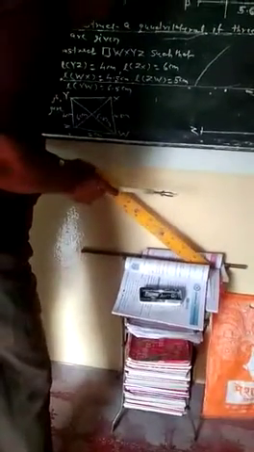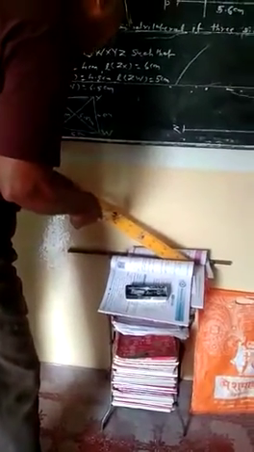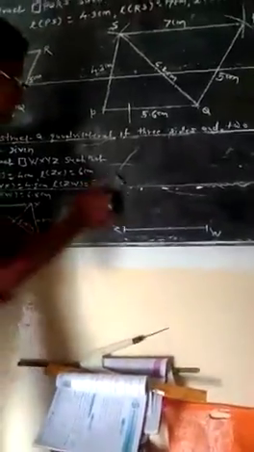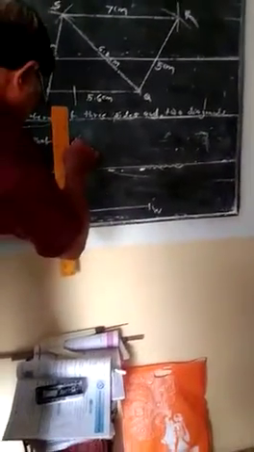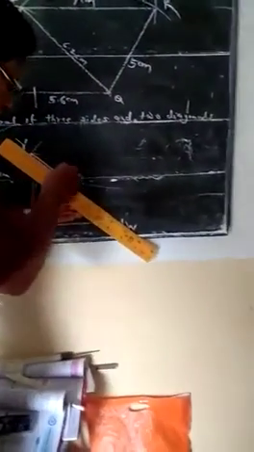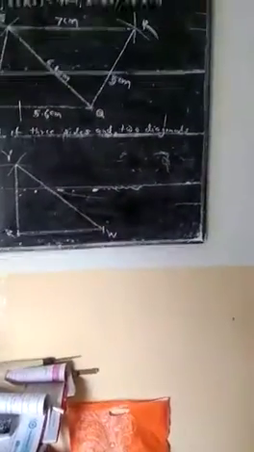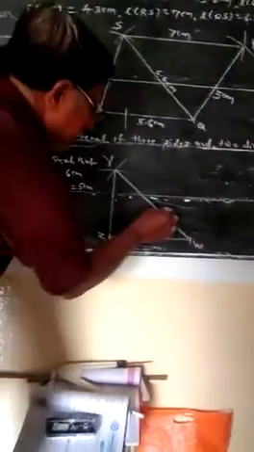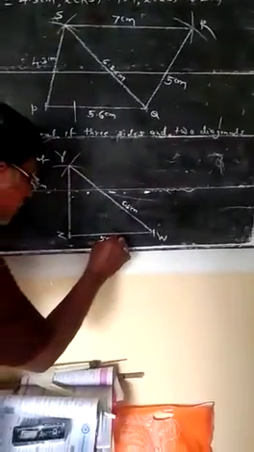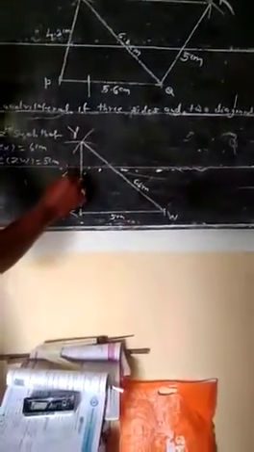Take 4 in the compass, put the point on Z, and rub the extra mark. Now this point is Y. Join YZ as well as YW. First this triangle: 6.5 centimeter, this is 5 centimeter, and this is 4 centimeter.